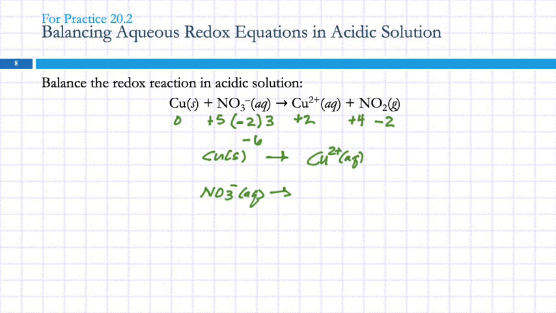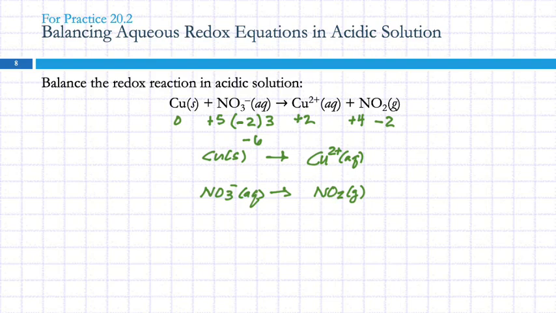And then the NO2 must go down here. And that makes sense because these have the same elements in them, right? Next, we balance for mass, number of atoms. 1 copper atom, 1 copper atom, 1 nitrogen atom, 1 nitrogen atom, 3 oxygens, and 2 oxygens.